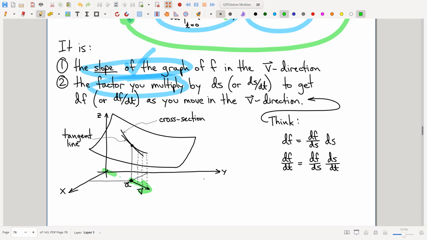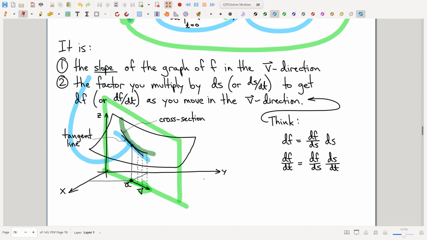That defines a direction, and that defines a vertical cross-section plane, where I can look at that cross-section curve, and slope of the graph means slope of the tangent line to that cross-section of the graph. It's just like with partial derivatives.